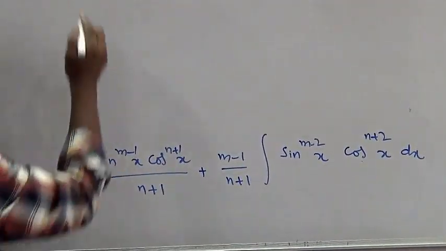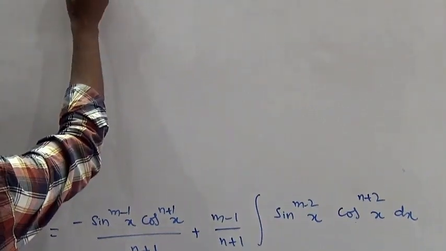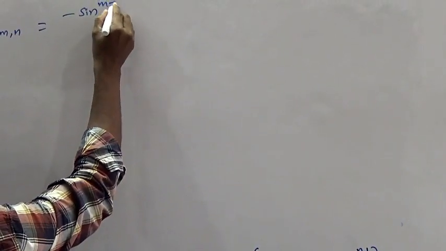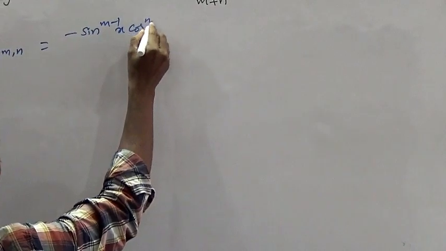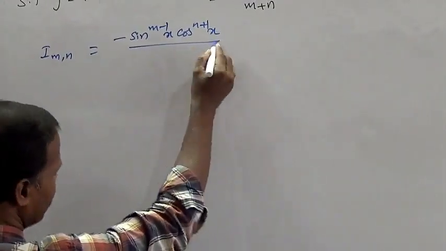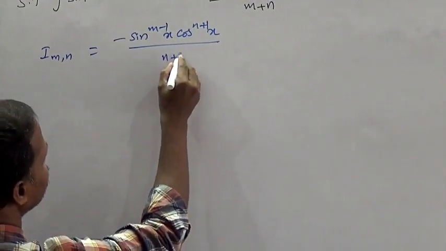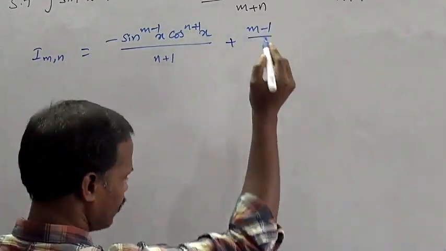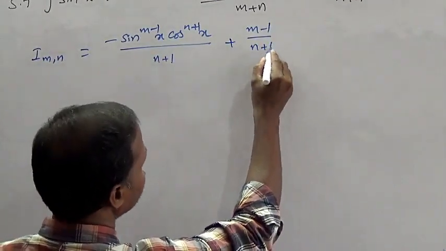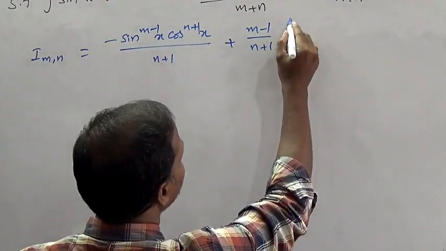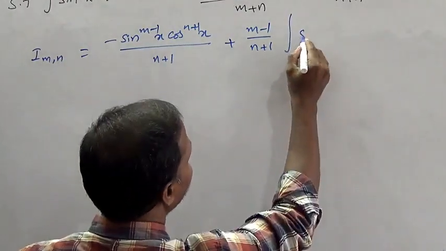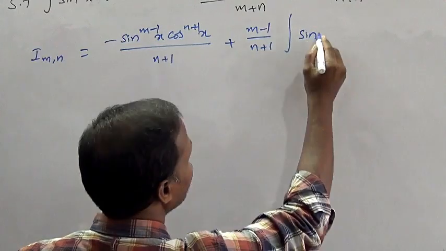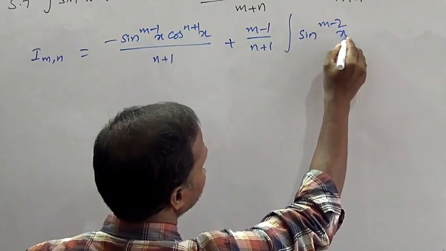So this is equal to minus sin^(m-1) x cos^(n+1) x by (n+1), plus (m-1) by (n+1) times the integral of sin^(m-2) x.